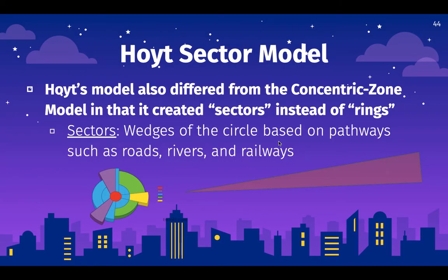So the Hoyt sector model doesn't just put things into concentric zones. We have what are called sectors. They kind of look like this shape here. It's like a big wedge. And usually these are formed on some kind of pathway, like a road or a river or maybe a railway or something like that.